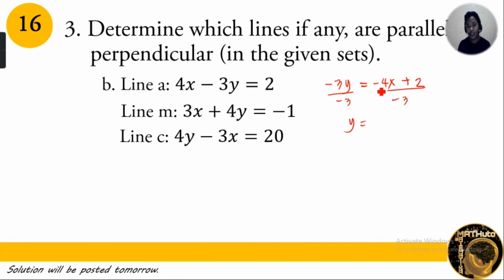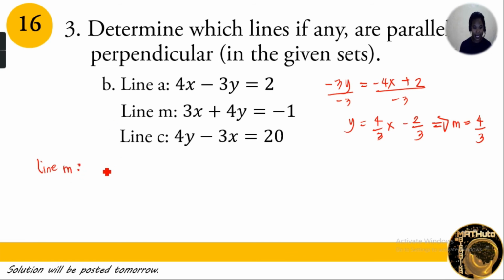So, y is equal to negative 4 divided by negative 3 is positive 4/3 x, 2 divided by negative 3 is negative 2/3. So, ang slope po dito ay positive 4 over 3.